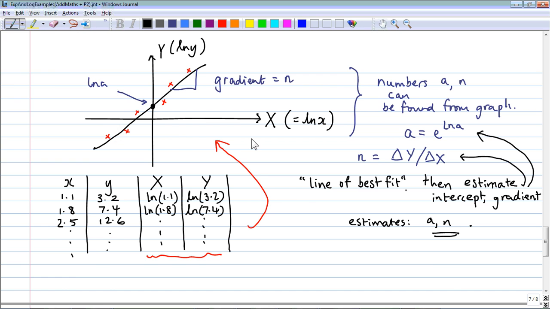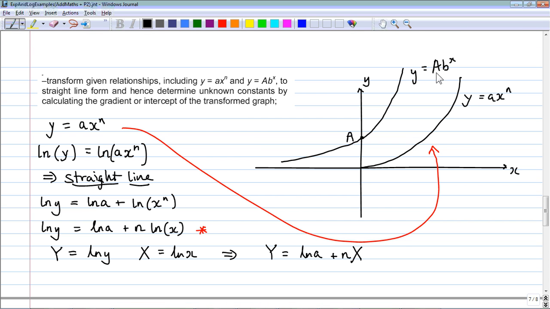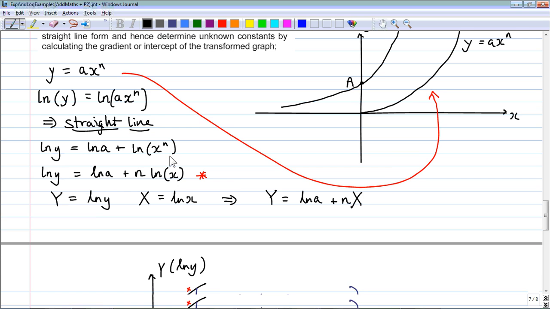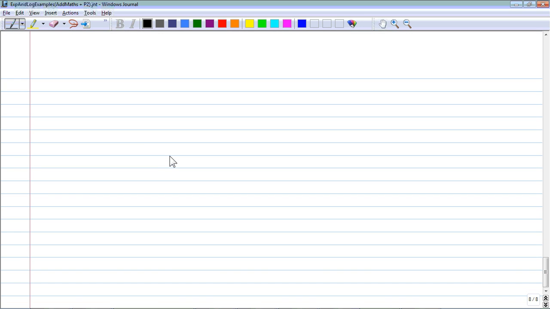Now, what I've just shown you is one of the two types. There is another type, a times b to the power x. So let's consider that second case, but actually the method is almost identical. In that second case we have y equals a times b to the power x. Here b will be a positive number.